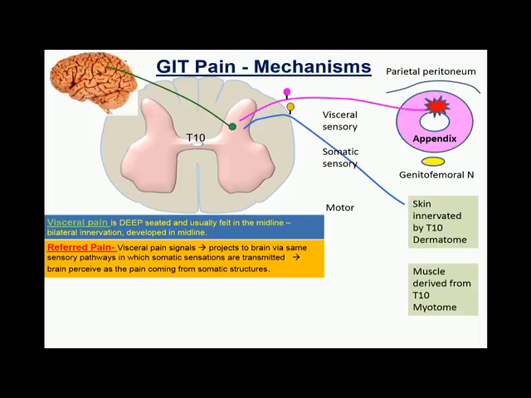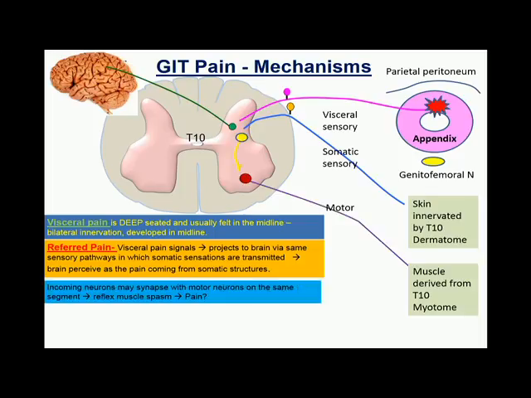Okay. The third category is a rare one, right? But it's good to know the mechanism. It doesn't occur always. Sometimes these visceral pathologies can cause muscular spasm.